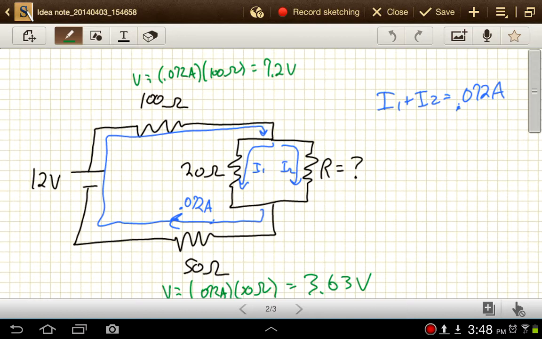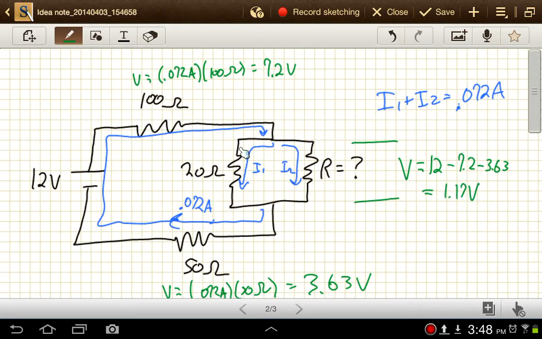So then for either of these, we can say that the voltage is equal to 12 minus 7.2 minus 3.63, which is 1.17 volts for either this path or for this path. We have to have the same voltage drop for either one.